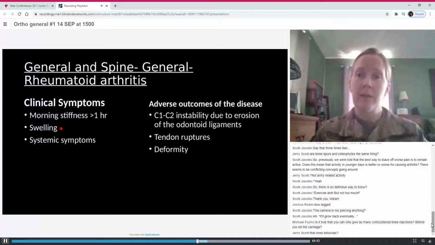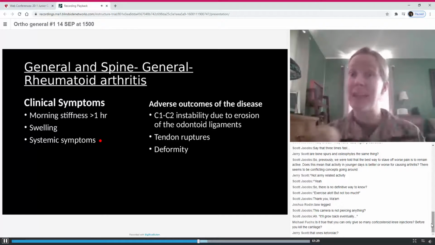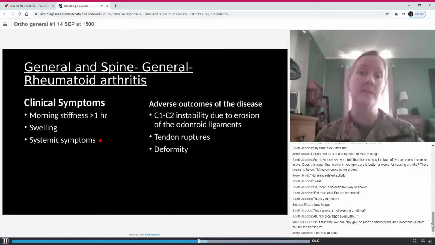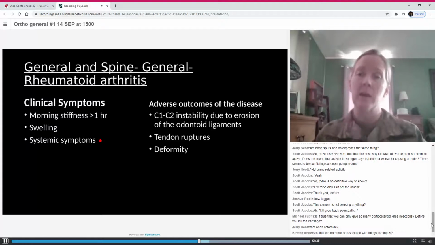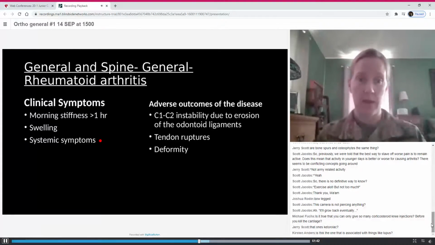Swelling, and we'll talk a little bit more on the next slide about what that swelling means, because it's not typical extra fluid in the capsule. And these folks are going to have other systemic symptoms. So they may have pain in their hands, but they're going to have something else going on elsewhere because, again, it's a systemic disease, changing all the joints simultaneously. They just may have worse symptoms in their hands.